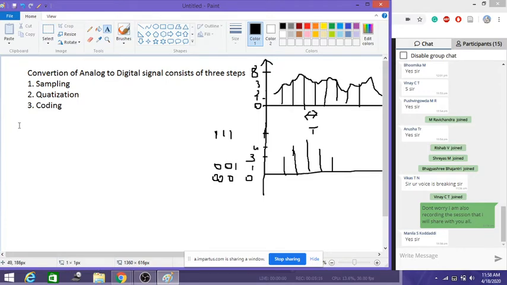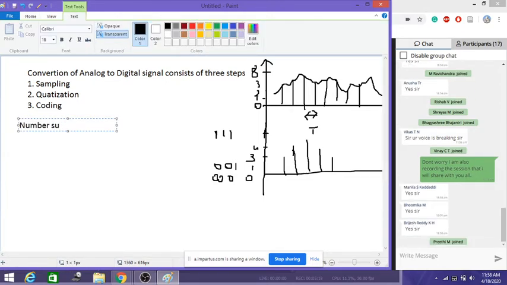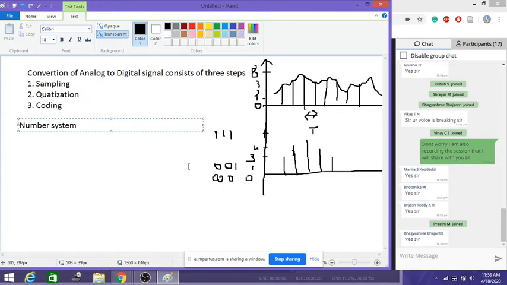Now let us see the number system here. There are different number systems. Normally in our day-to-day life, we use the basic decimal number system, whereas computer systems use hexadecimal systems. There are other systems also in between, like octal numbers and binary numbers.